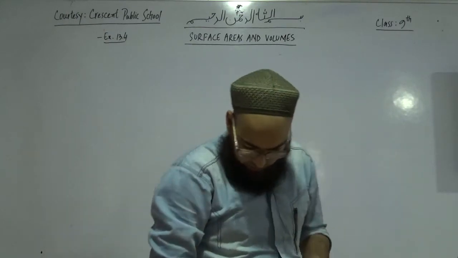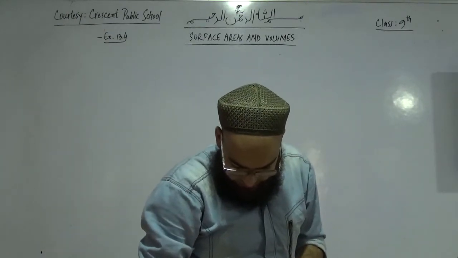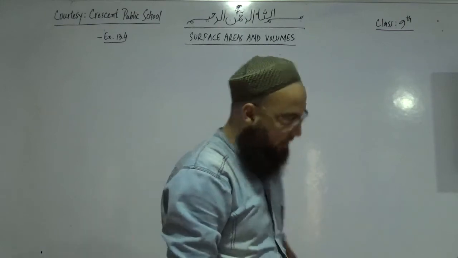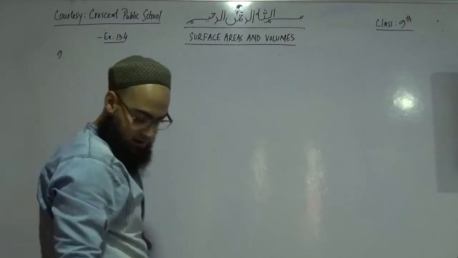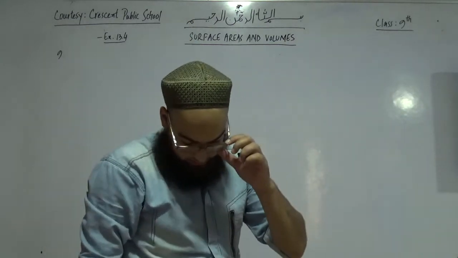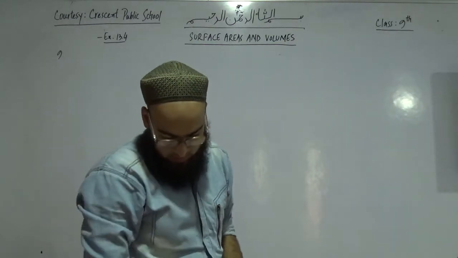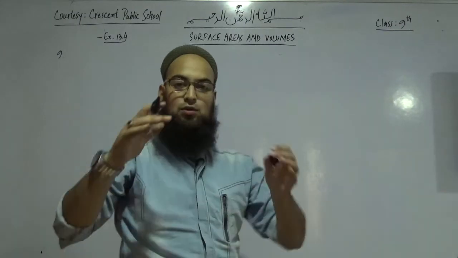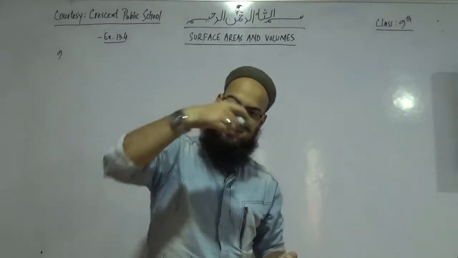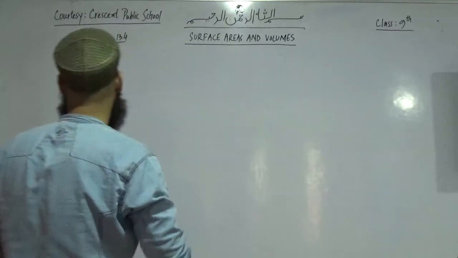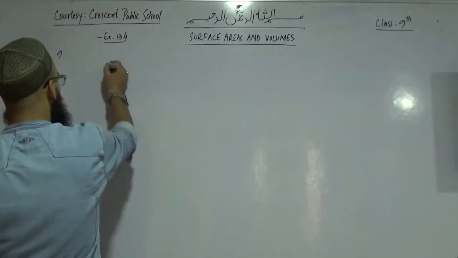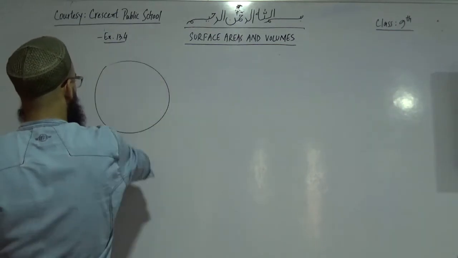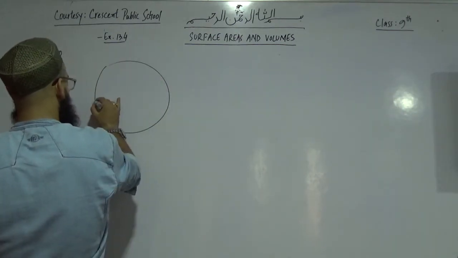Now a right circular cylinder just encloses a sphere of radius r. Ninth question. A right circular cylinder encloses the sphere. So sphere is inside the cylinder. It's like this. This is a sphere.